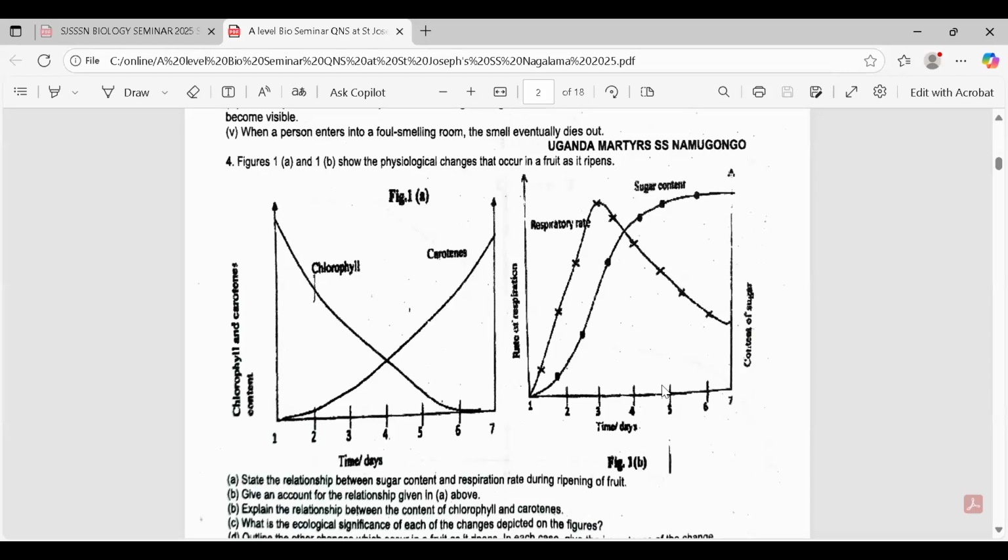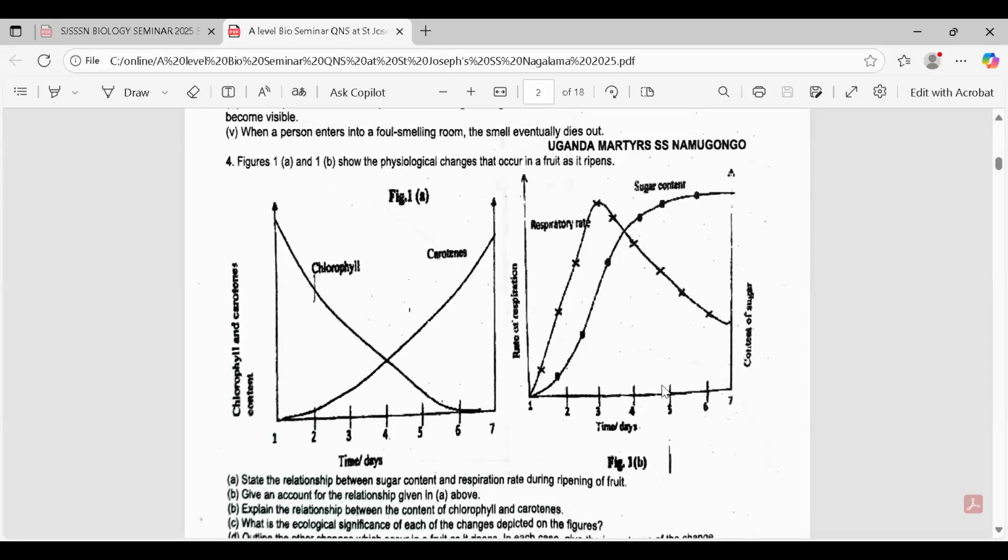Okay. Now, if they ask for explaining without asking you to describe, you describe and then you explain. There you earn the marks. Meaning there are marks on description before you explain.